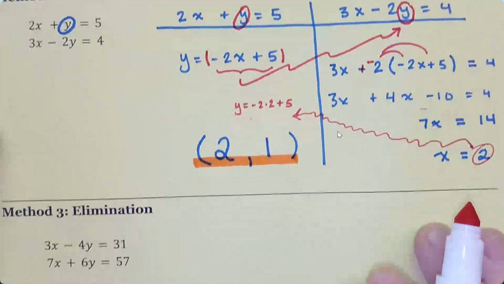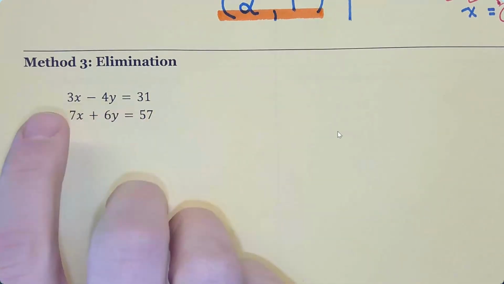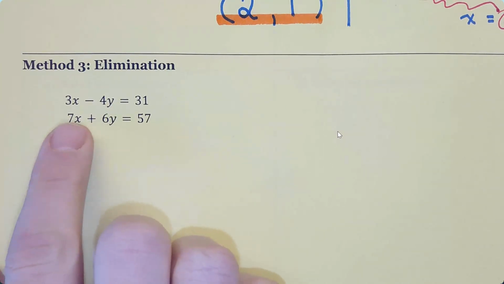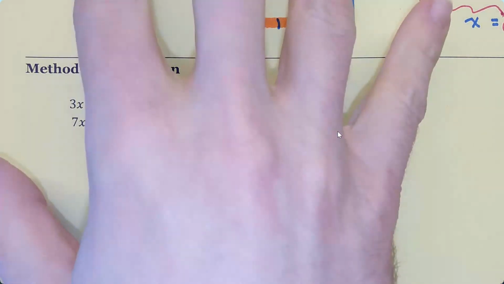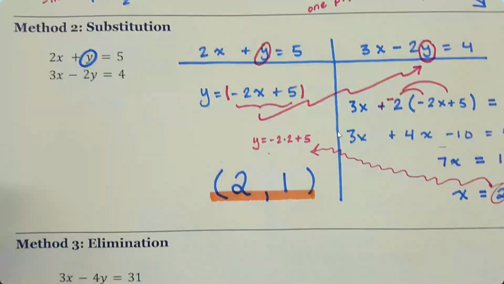The last method, elimination, is helpful when you don't have a variable that's easy to get by itself. Notice how the x and the y and the x and the y, all 4 of those variables have a coefficient in front of them, as opposed to right here where one of them didn't.